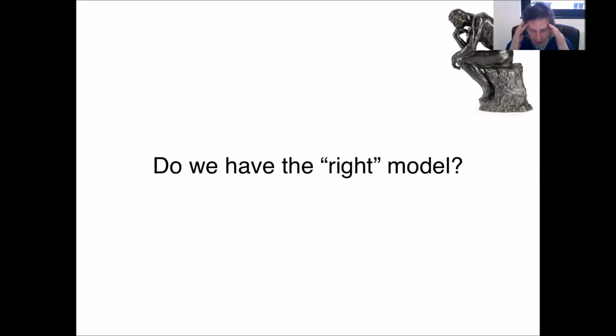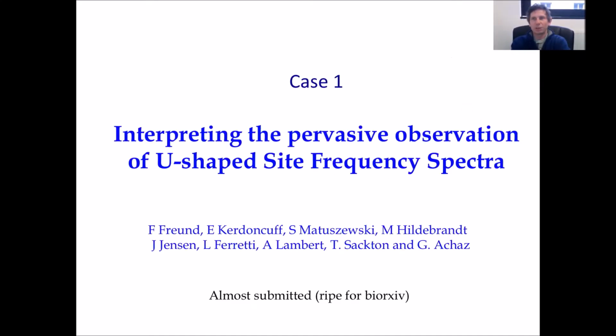I will be challenging the model using two cases, two sub-topics. The first one is on the frequencies of the variants we observe in the population. And the second one is about the total amount of diversity. Okay, so let's move to the first case.